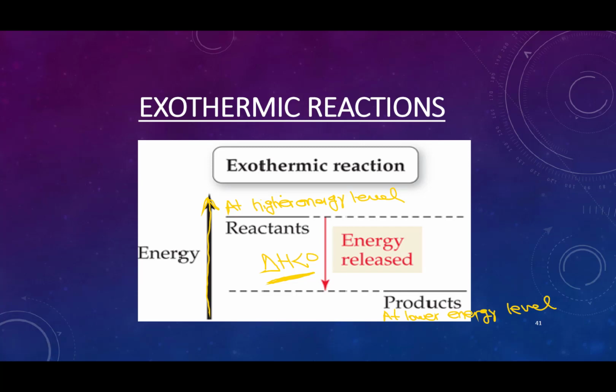The example of an endothermic reaction is photosynthesis. For an exothermic reaction, respiration. Also, in endothermic reactions, products are at a higher energy level in comparison to reactants, whereas for exothermic reactions, reactants are at a higher energy level.